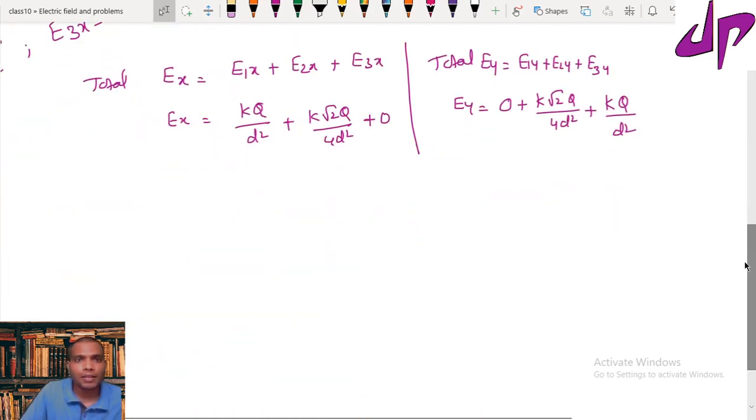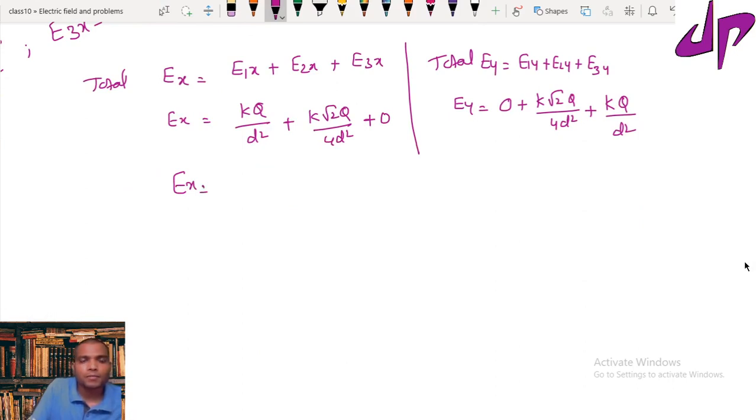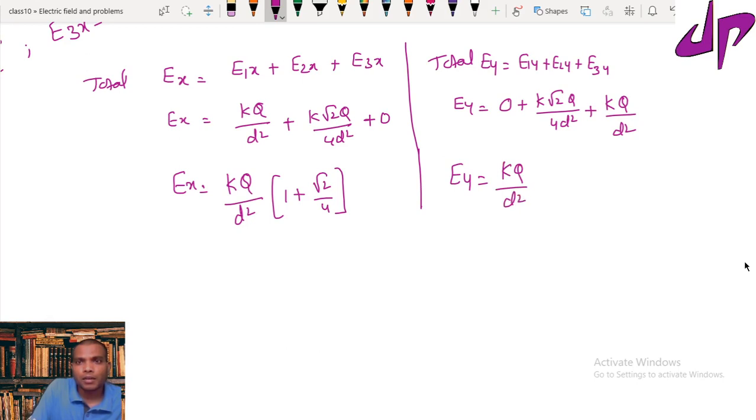So the electric field x component: I can take out the common factor, kq by d square of (1 plus root 2 by 4). And here also you can take out the common factor, Ey equals kq by d square of (root 2 by 4 plus 1).